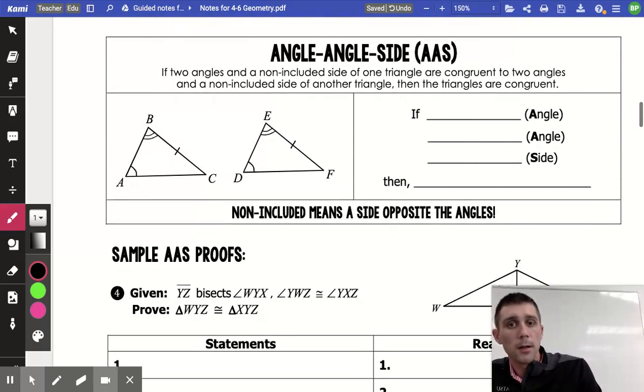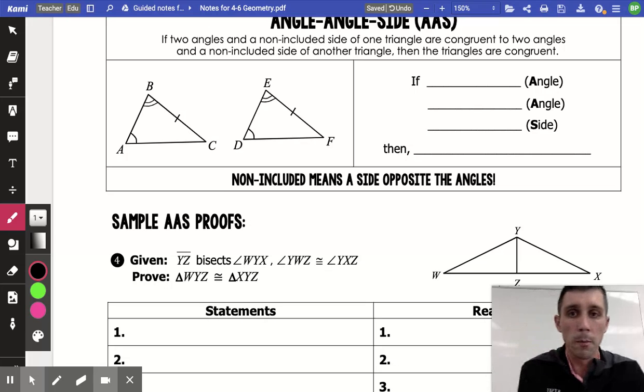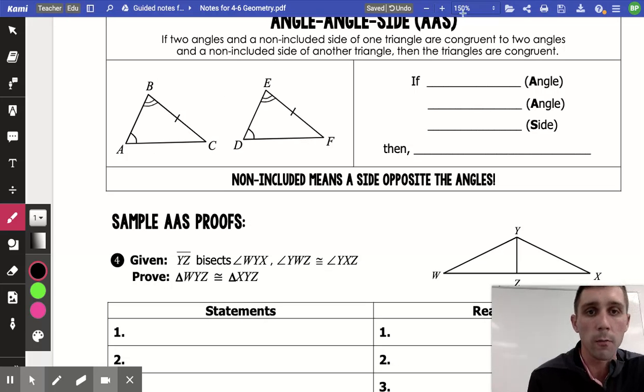All right. Now another way that we can prove them is called angle, angle, side. If two angles and a non-included side of one triangle are congruent to two angles and a non-included side of another triangle, the triangles are congruent.